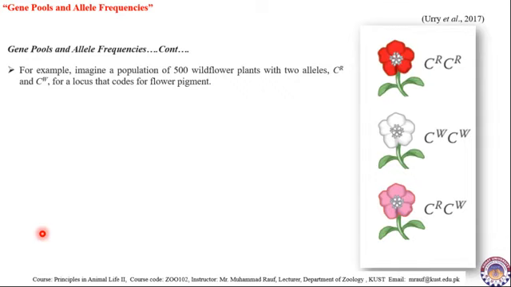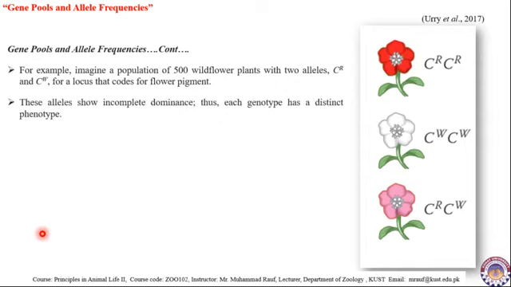Here is shown an example. Imagine a population of 500 wildflower plants with two alleles. The flower color is determined by a single gene, and the gene exists in pair form.